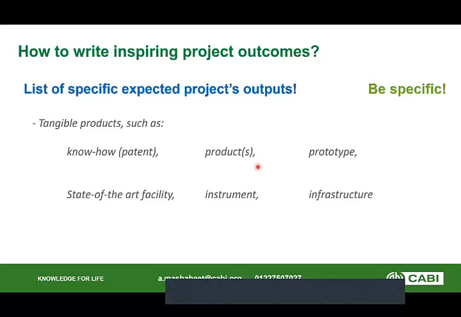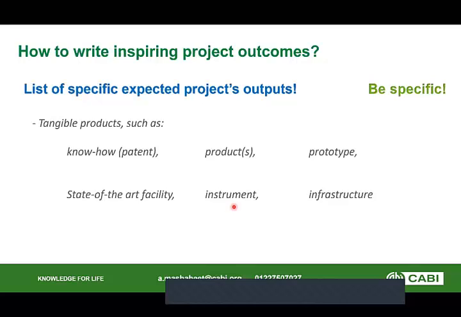Sometimes we don't think of establishing a state-of-the-art facility as a tangible product, even if it is something that people can find somewhere else in the world. It doesn't have to be the first of its kind all over the world. Being the first of its kind within your institution is enough to justify that. So don't shy away from listing the establishment of new facilities, especially if they are advanced, as a tangible product or outcome.